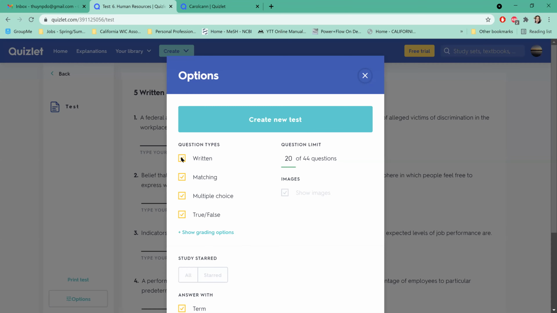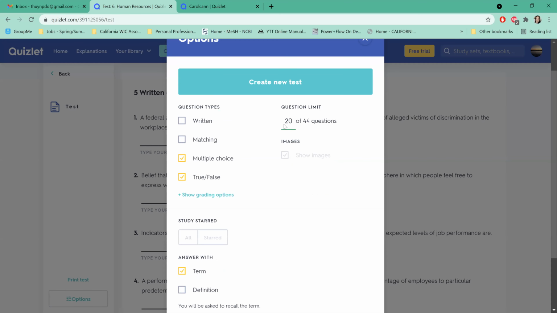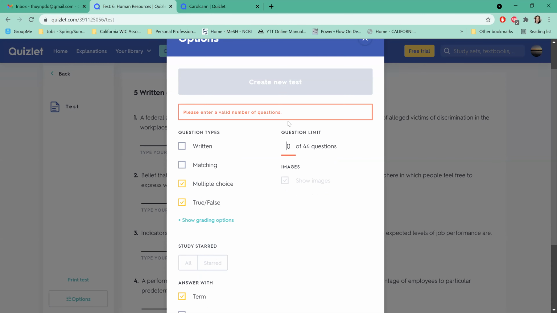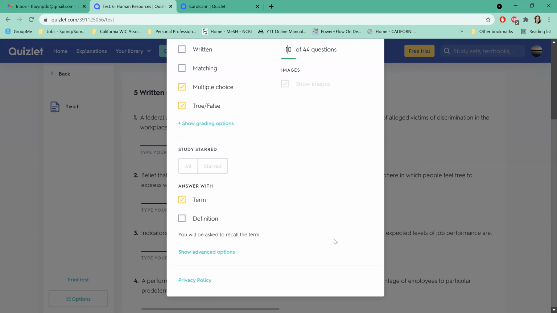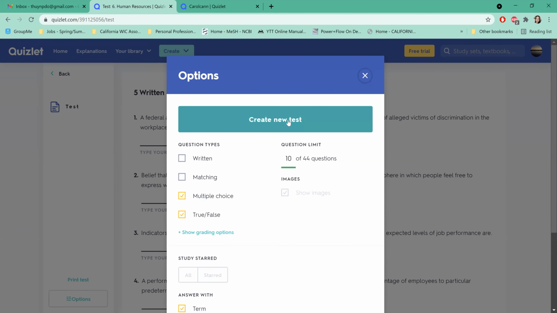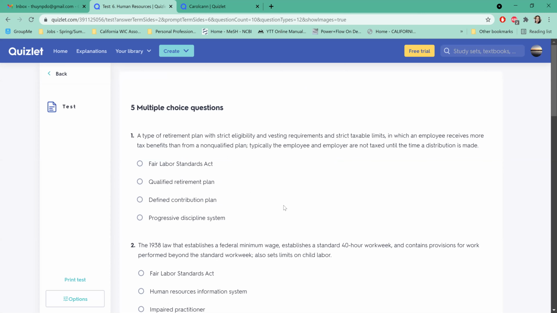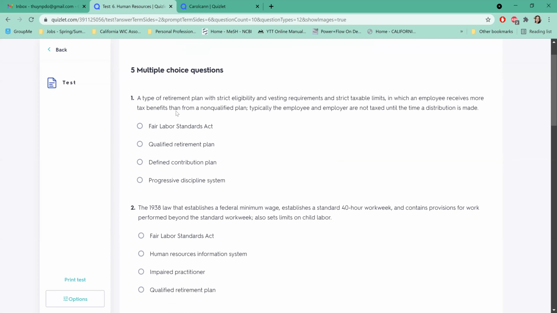We will simply do the multiple choice and true or false. So those will be highlighted, and the question limit will be 10 out of 44 questions, terms. Okay, so let's create the new test. And here we go. So first question for HR.